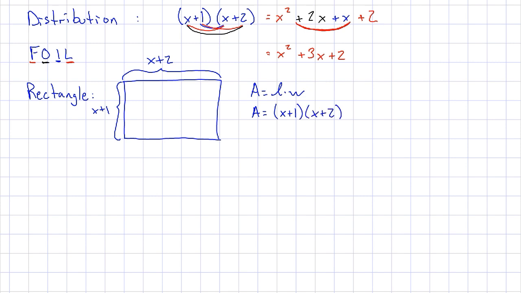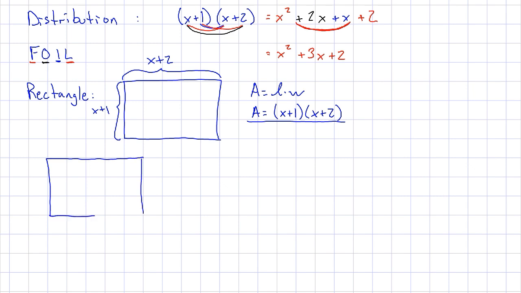Now, we're going to break this down a little bit more, but it is essential that we recognize that this area problem is the same as the original problem that we've been given. So I'm going to rewrite this rectangle, and I'm going to assign some lengths.